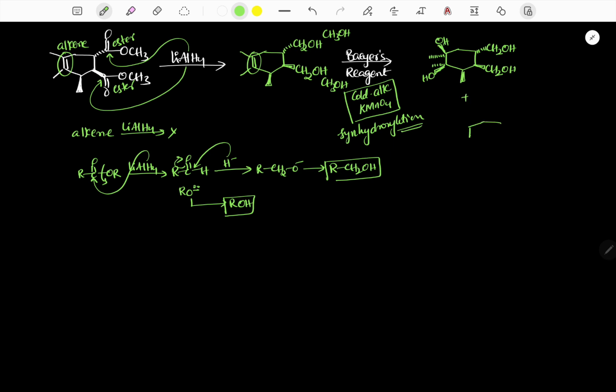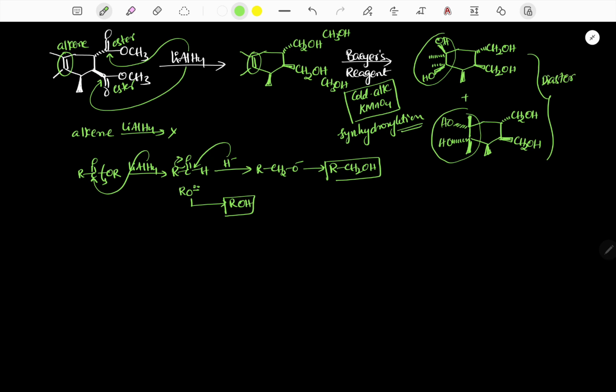Plus the other product, with OH below the plane and methyl above the plane. So syn hydroxylation from above the plane and syn hydroxylation from below the plane, and these two molecules are diastereomers.